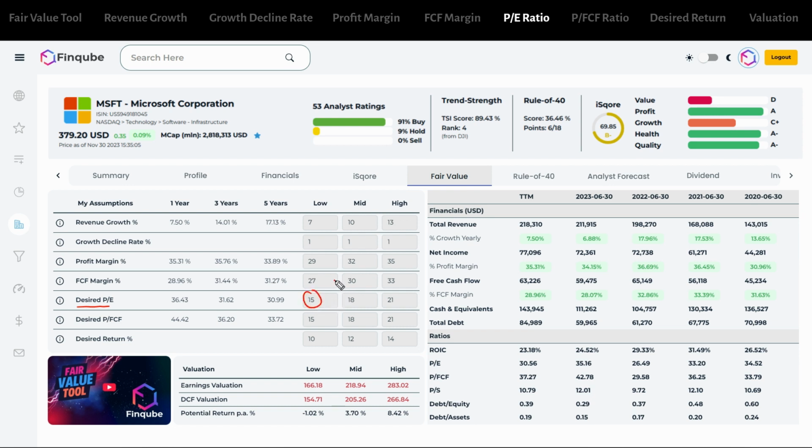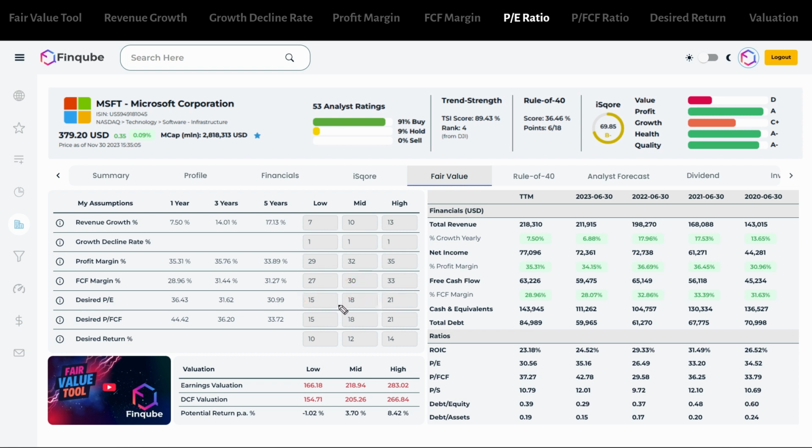Based on my assumptions, if I go higher in my assumptions, I also make higher multiple ratios, but I will not put these to 30 or 35 because I have a limit for my side. My base is 15, and the more profitable, the more growth a company has, the bigger a moat a company has, the higher I also put these ranges.